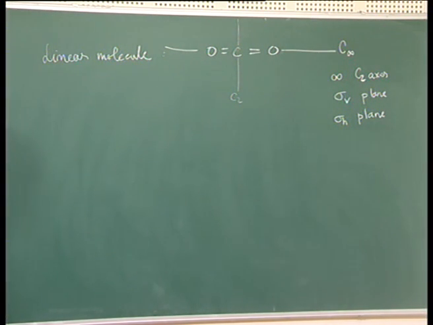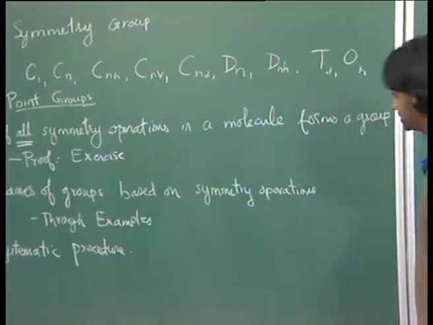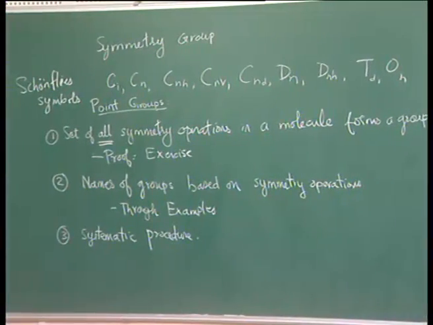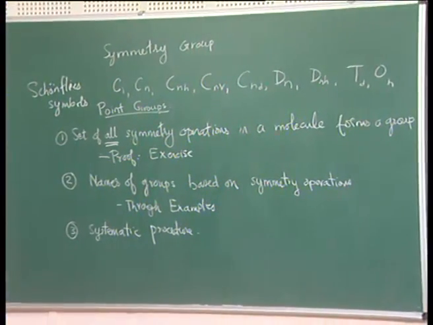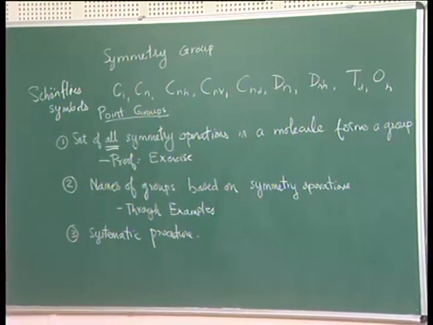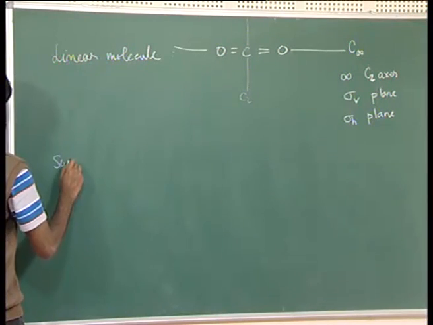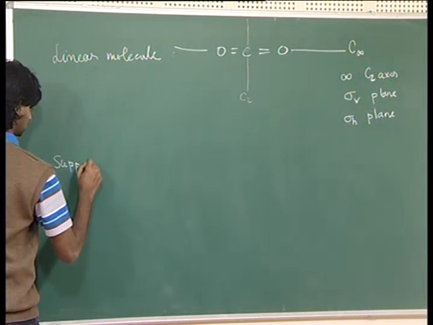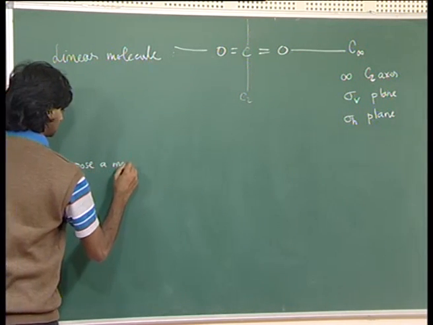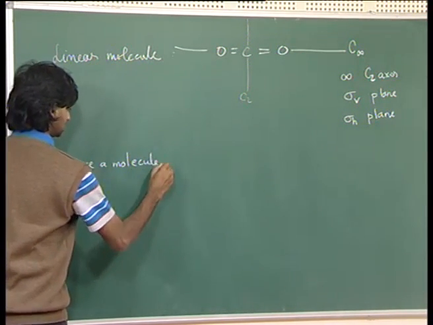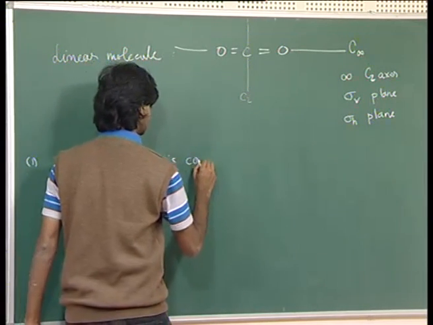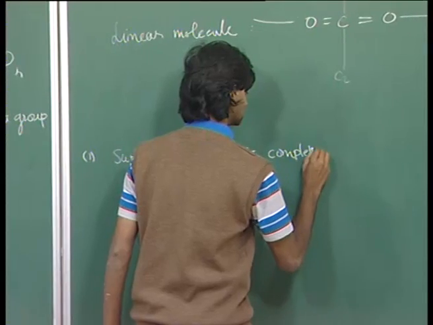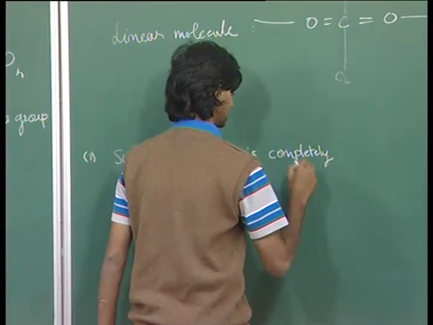Now let us go to identifying the symmetry groups of molecules. In order to do this, we will first look at a molecule that is completely asymmetric.